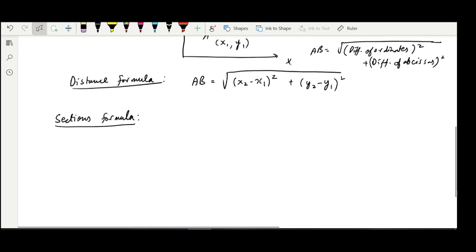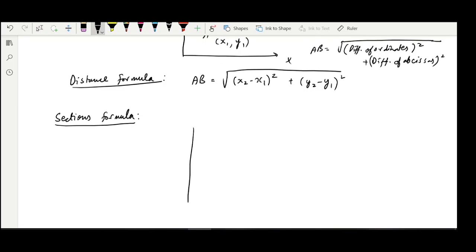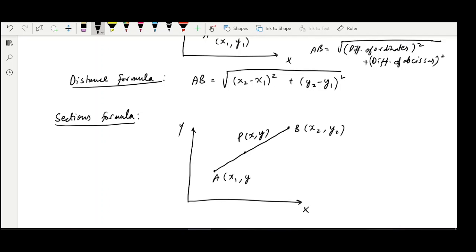Say there is a point P with the coordinates (x, y) that divides the line joining point A and point B, with coordinates (x1, y1) and (x2, y2) respectively, in the ratio m is to n.